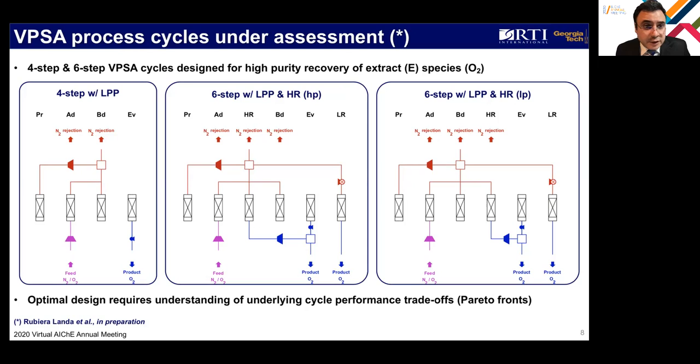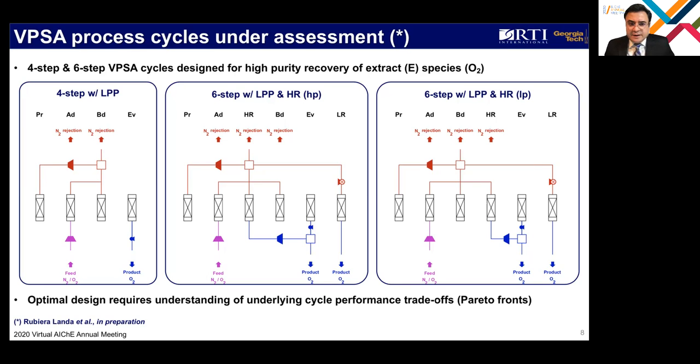As also reported in the literature, such as flue gas separations, this type of heavy product recovery cycle is also used for alkane, alkene separations, and so forth. So in general, there's a wealth of knowledge that tells us that such cycle configurations can be effective when we are interested in recovering the more adsorbed component at high purity.